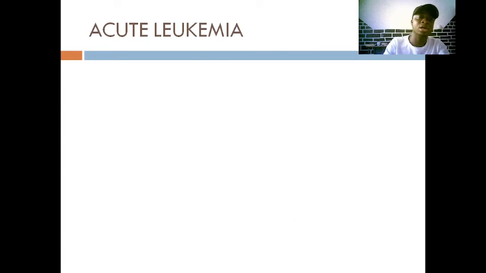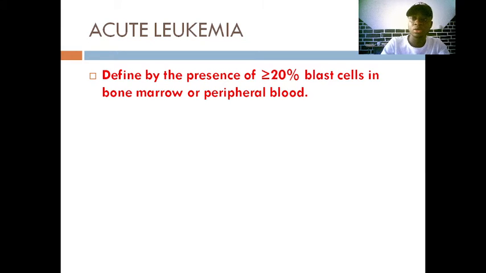So let's talk about acute leukemia. When we say acute leukemia, for a medical personnel or a clinician or a medical laboratory scientist to be able to diagnose acute leukemia, it is basically defined by the presence of greater than or equal to 20% blast cells in bone marrow or peripheral blood.